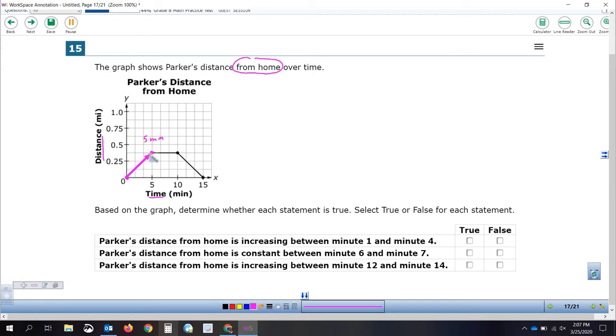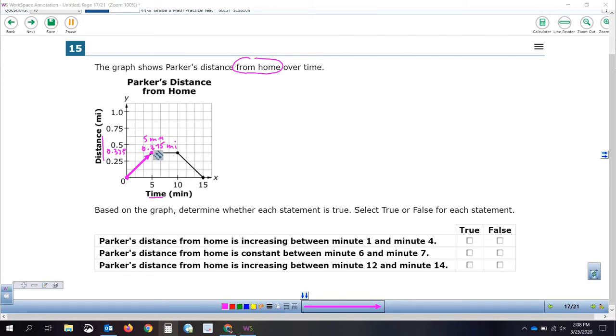And his distance, if we go over here, if this is distance in miles, this is a quarter of a mile, this is a half of a mile, this is going to be 0.375, which is halfway between, so 0.375 miles away from home. So for the first 5 minutes, he is traveling at a constant rate. He travels a total of 3/8 of a mile in 5 minutes.